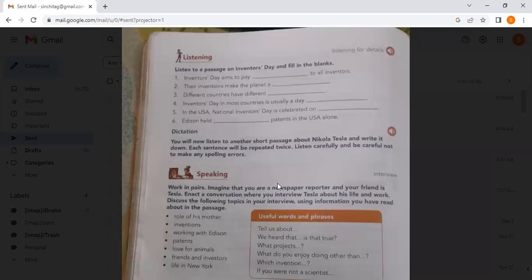Inventors Day aims to pay inspection to all inventors. Very good. Tell me again, which word did you use, Peter?